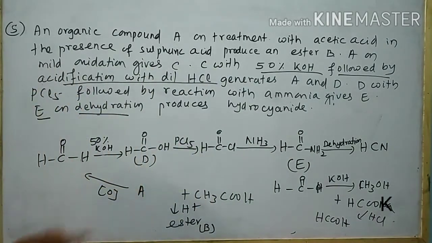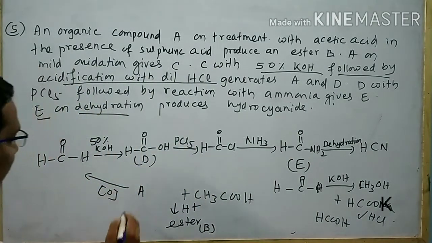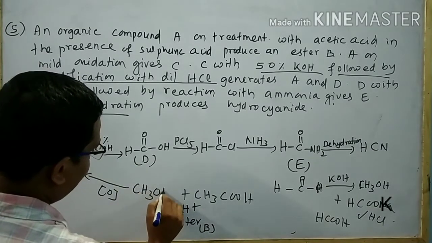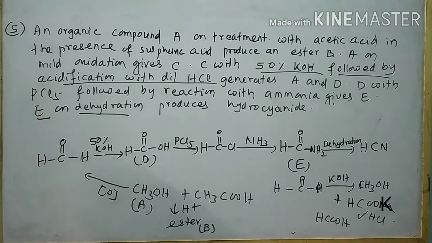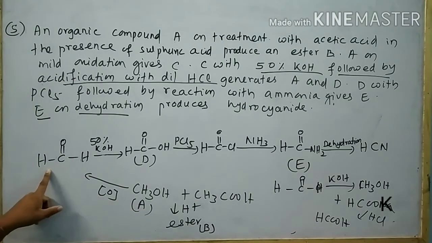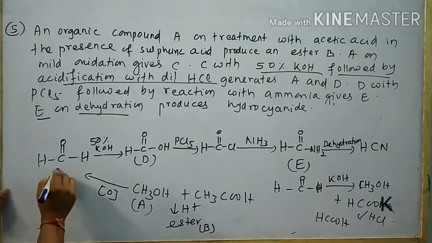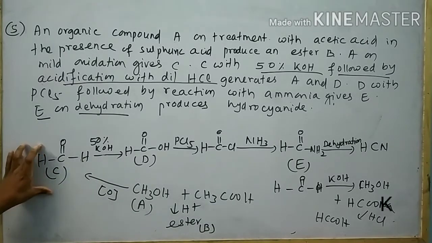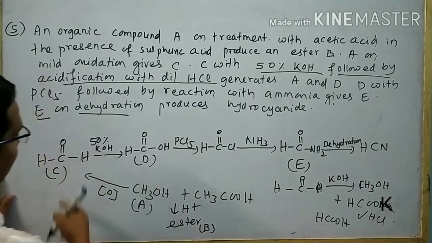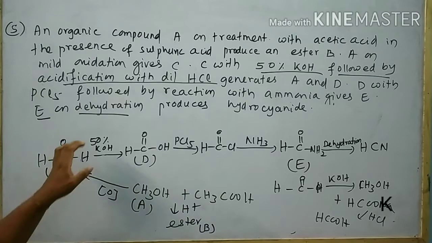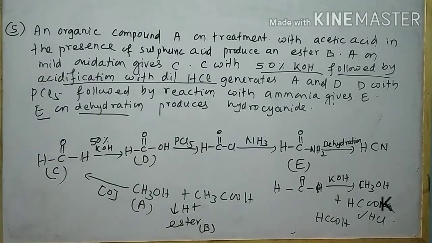which is considered as the D product. Now the A product is CH3OH, methyl alcohol. This is the A product, which on mild oxidation gives formaldehyde. This is the C product. Then again I will repeat, the C product under reaction with 50% KOH gives A and D, followed by acidification with dilute HCl.